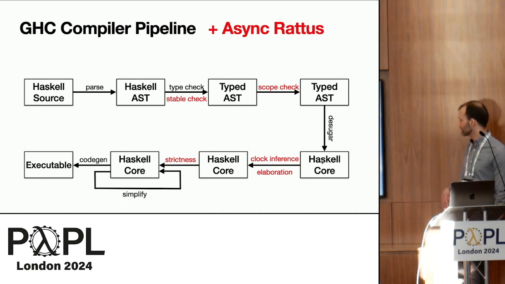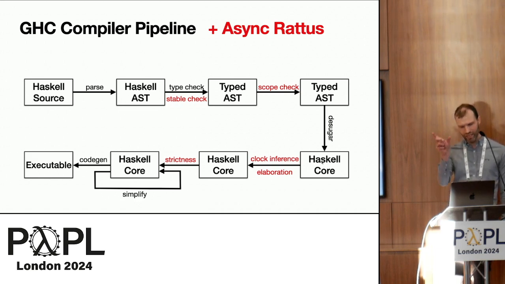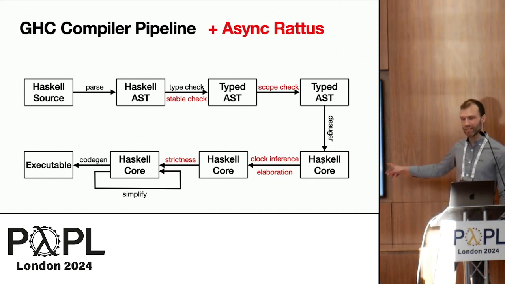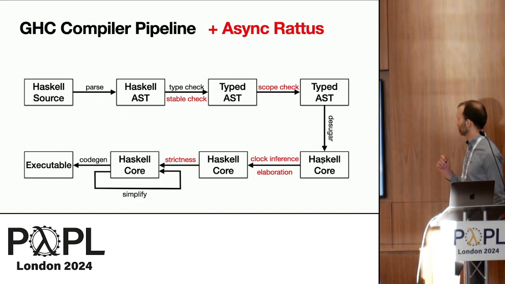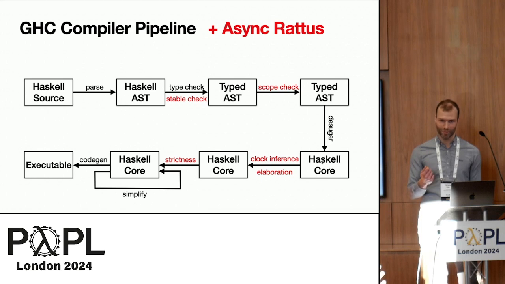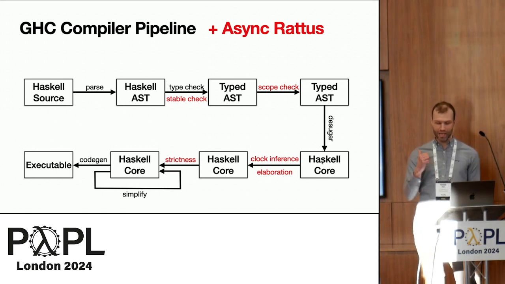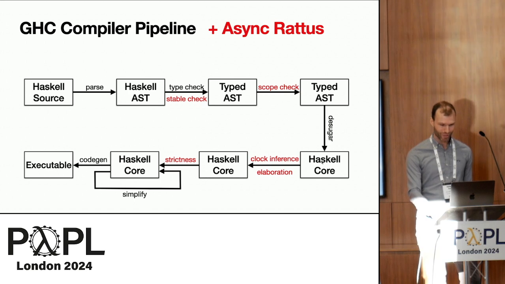We do this elaboration and clock inference, where we replace those dummy implementations of delay and advance with the actual implementation and insert the clock information. And finally, Haskell is a lazy language. Async Rattus very much depends on being a strict language to actually have the memory properties. So we have to do a pass to turn it into a strict language.